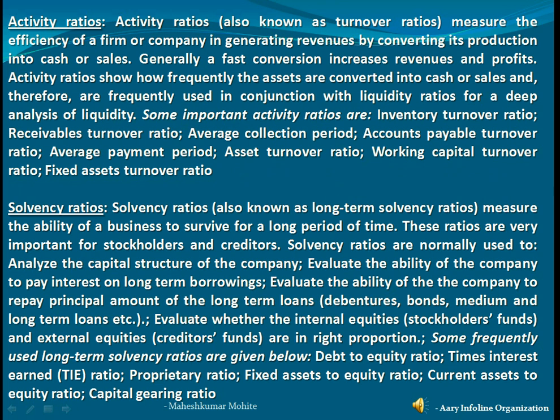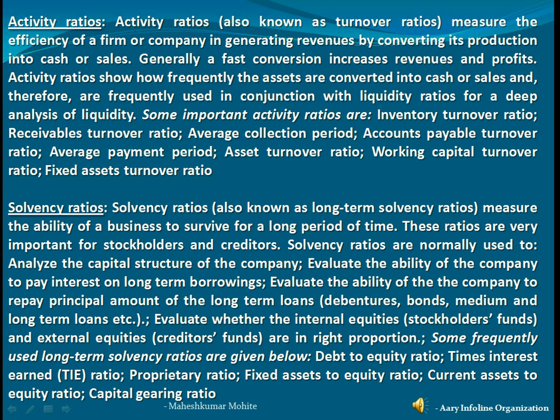Activity ratios. Activity ratios, also known as turnover ratios, measure the efficiency of a firm or company in generating revenues by converting its production into cash or sales. Generally, a fast conversion increases revenues and profits. Activity ratios show how frequently the assets are converted into cash or sales and, therefore, are frequently used in conjunction with liquidity ratios for a deep analysis of liquidity.